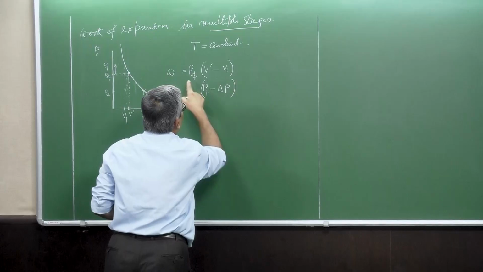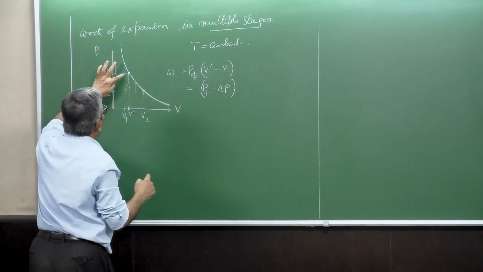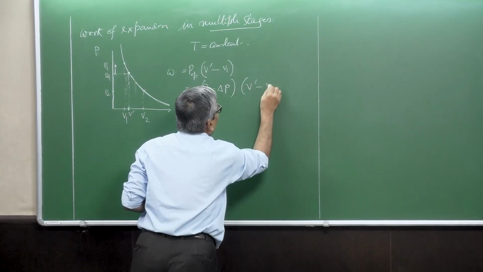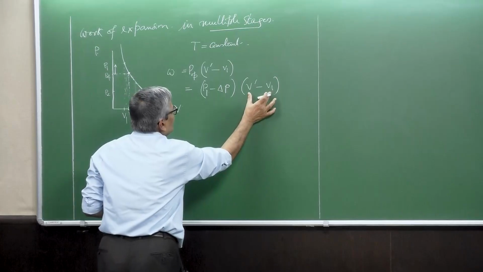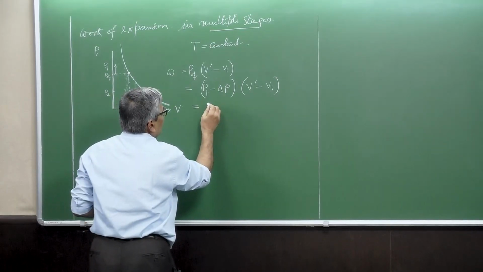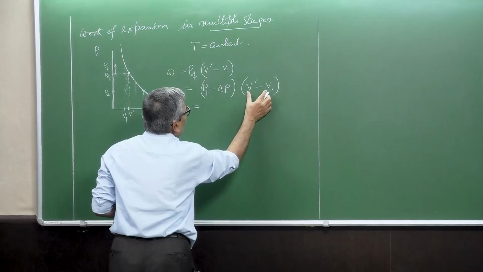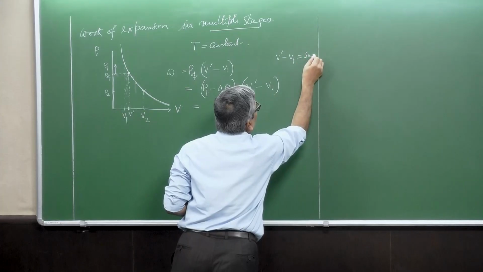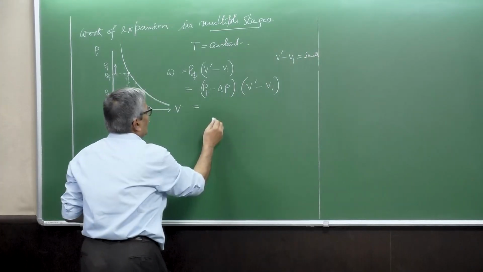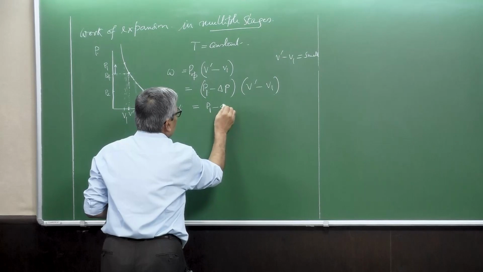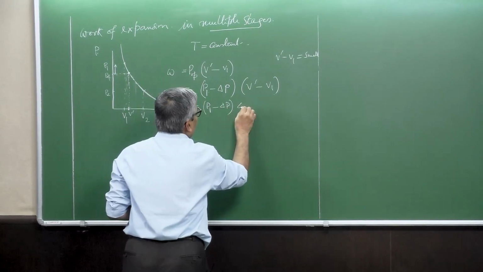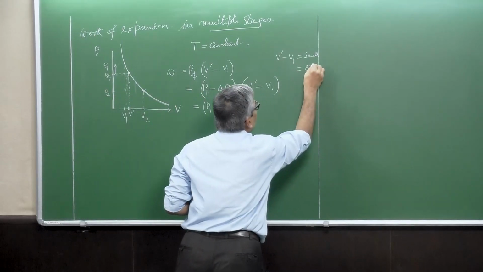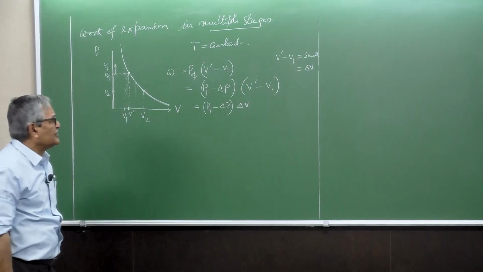So P opposing is P1 minus delta P, and V prime minus V1 is the change in volume. If it is small, then V prime minus V1 is basically a small quantity, so I write it as P1 minus delta P times delta V, the standard notation for a small change in volume.